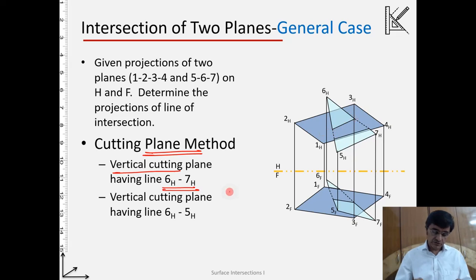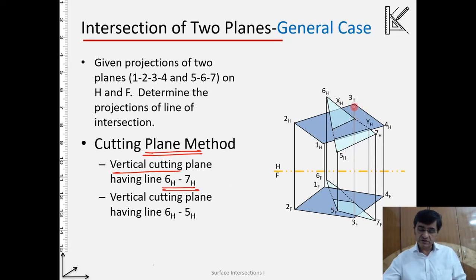and where they intersect we will join it. So if I take the cutting plane, the cutting plane is intersecting 2, 3 and 1, 4 at X and Y points. So Xh and Yh are their projections on the horizontal. I can take this Xh and Yh also to the frontal.